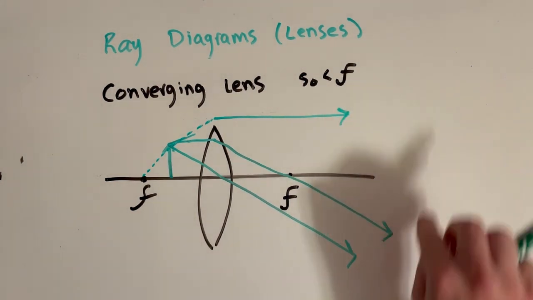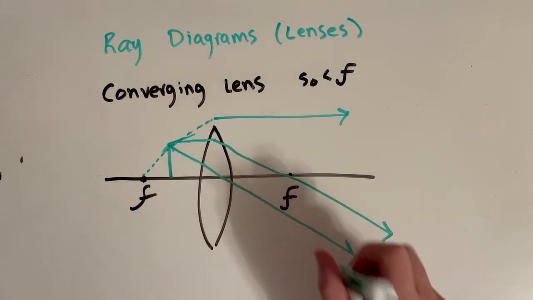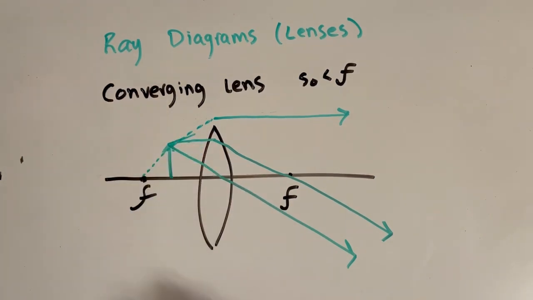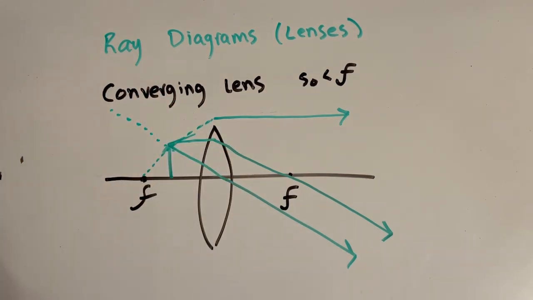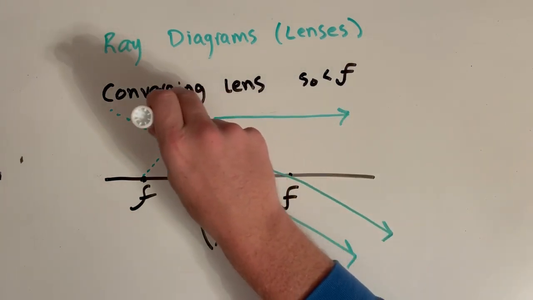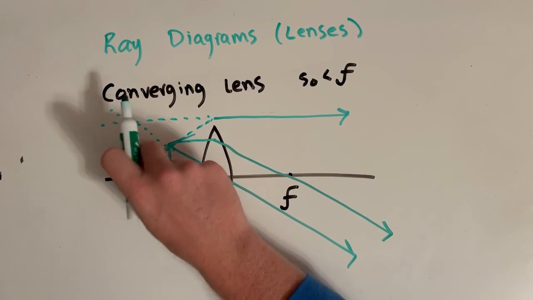So now none of these rays are actually converging, so we know it's not going to be a real image. It's actually going to be on the virtual side. So if we extend the rays as dotted lines in the opposite direction, we see for this ray right here, it's going to go up. And then we know the other ray is going to be this top ray right here, which is going to go back like so. And we know that they're going to intersect right here, so we know the image is formed right here.